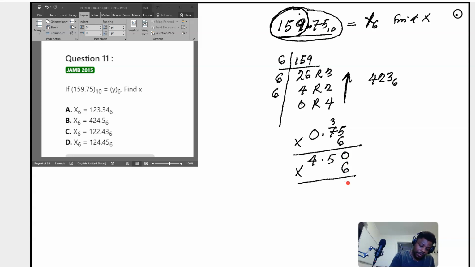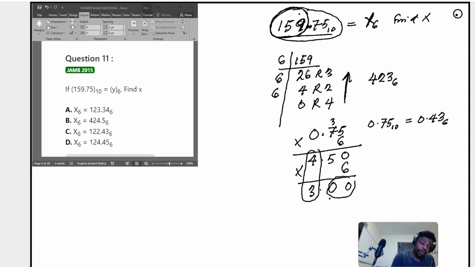So 6 times 0.5 is 3. So this side is already 0, so you stop. This is our answer for the decimal, which simply means 0.75 in base 10 is equal to 0.43 in base 6.